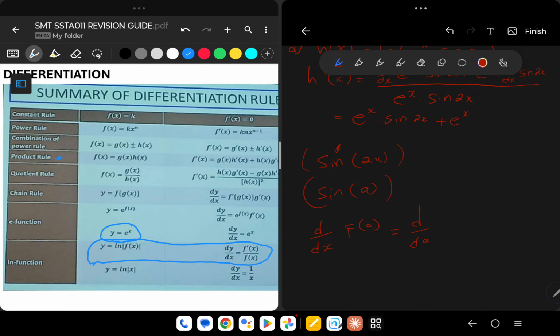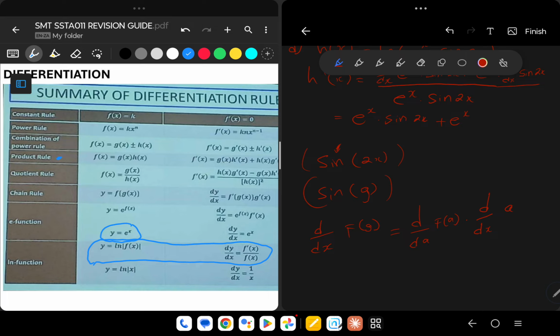right, which will give rise to df/da times f(a) multiplied by d/dx of a. Remember, your a in this case is a function. Or we can just replace our a and say, let's say it's g.